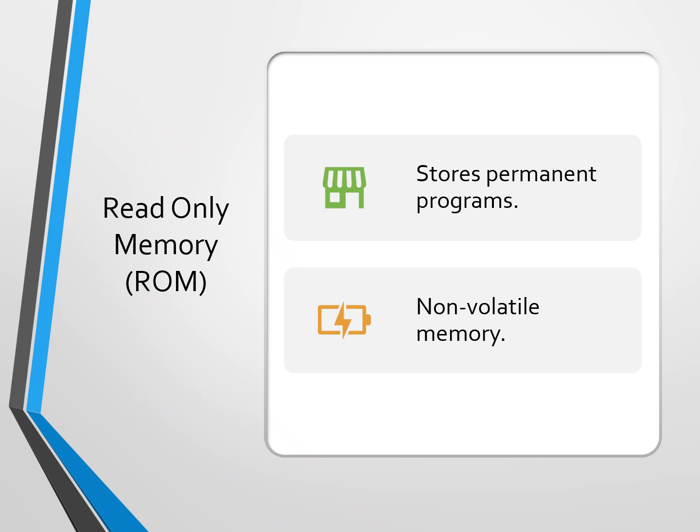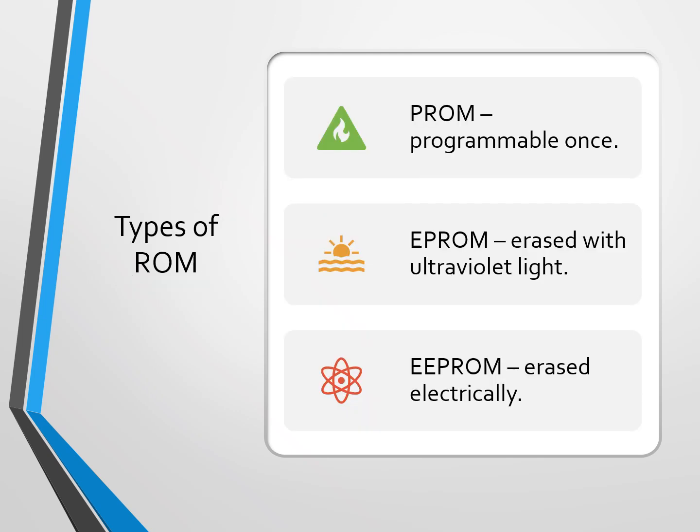What is read-only memory? Now we discussed random access memory, and now we are going to discuss read-only memory. Read-only memory is the permanent memory, that is a non-volatile memory. You can say flash drive and the external hard drive or internal hard drive in the computer as examples. There are types of read-only memory.